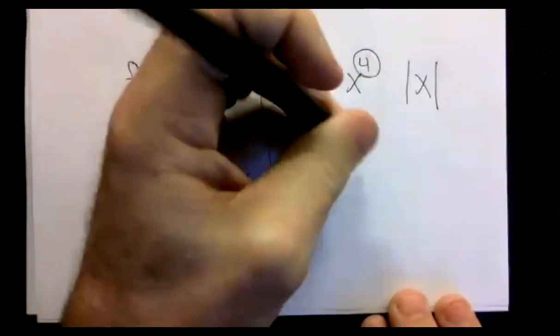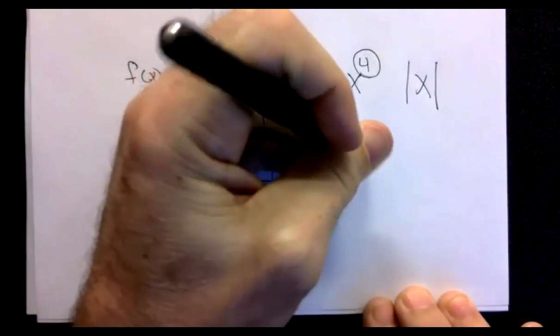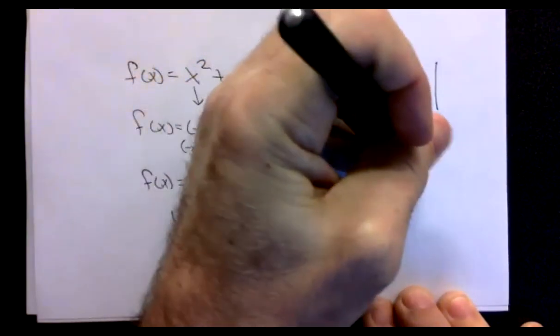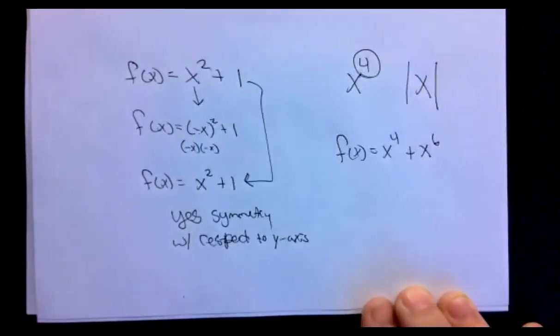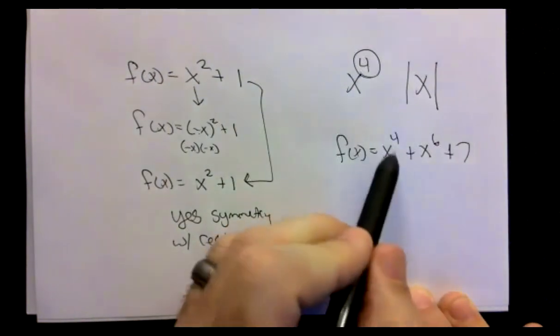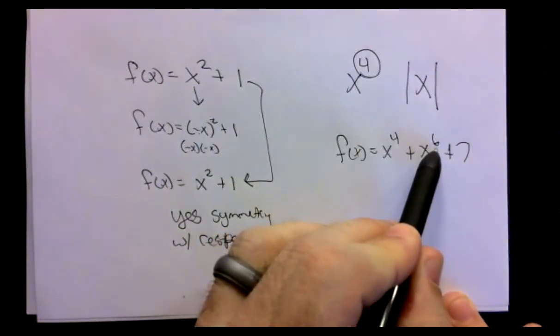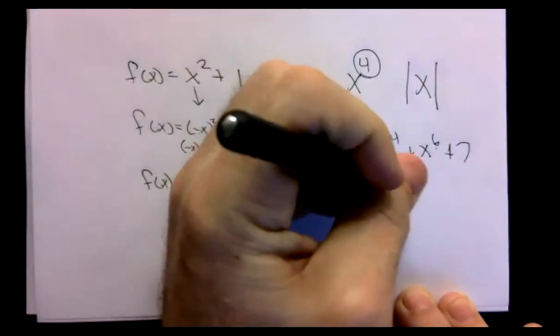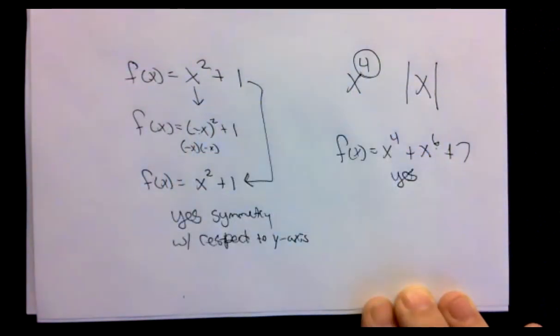So again, if you have all even powers of x, x to the 4th plus x to the 6th, plus some number, or minus some number, or nothing at all, okay, you're good. As long as you have even powers of x, that would be an example of, yes, that has symmetry with respect to y.